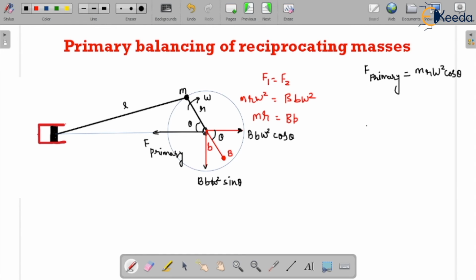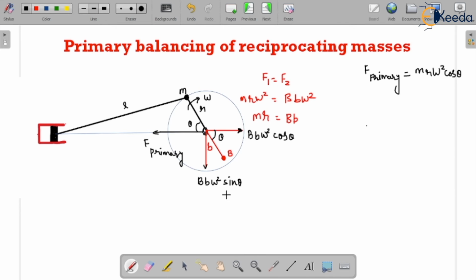That is why they fail in the balancing. The scientists failed in balancing the reciprocating mass to run the engine for a longer period, just because of B b omega square sin theta.